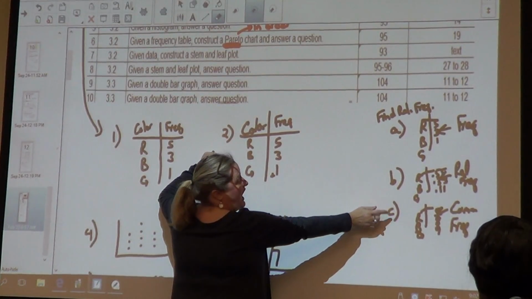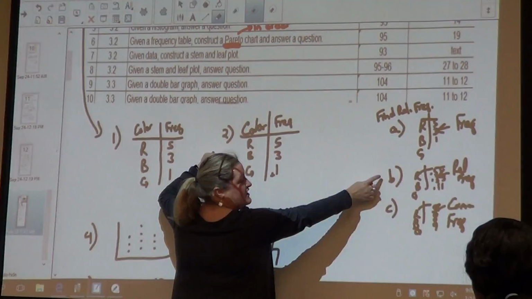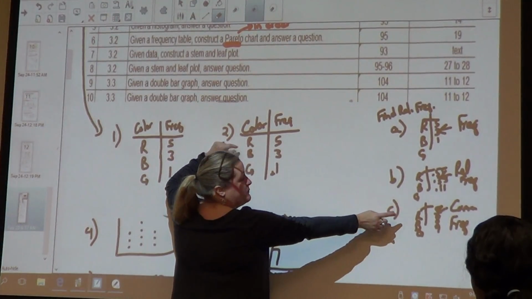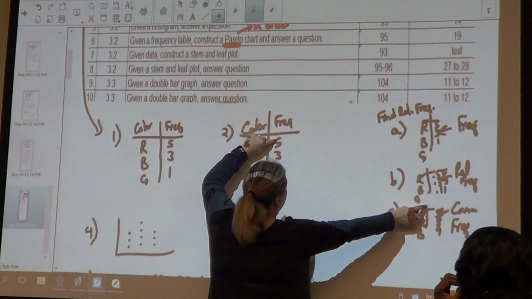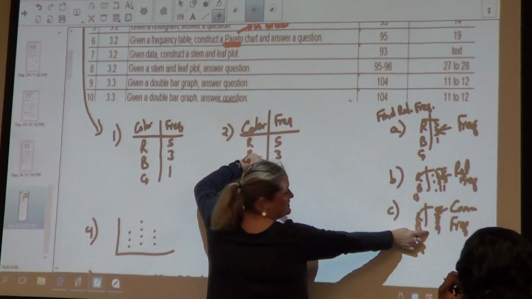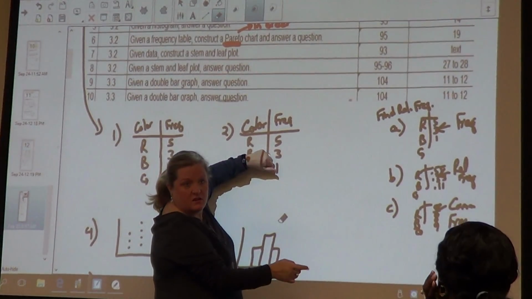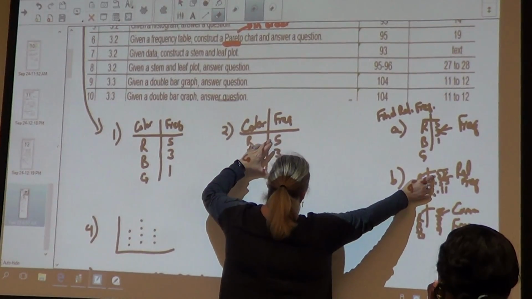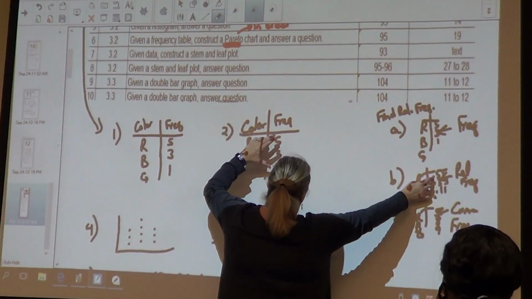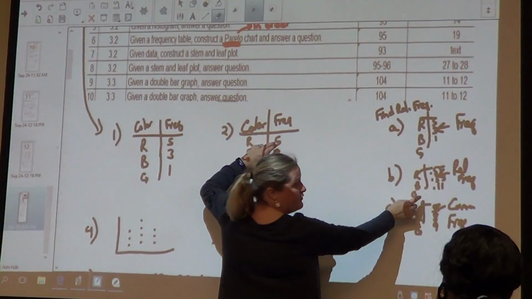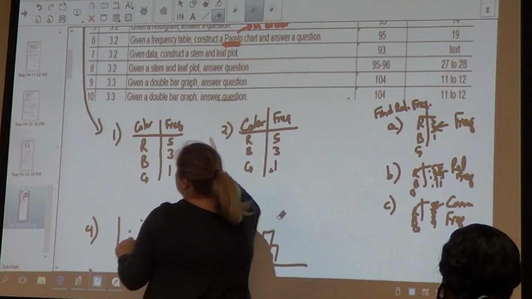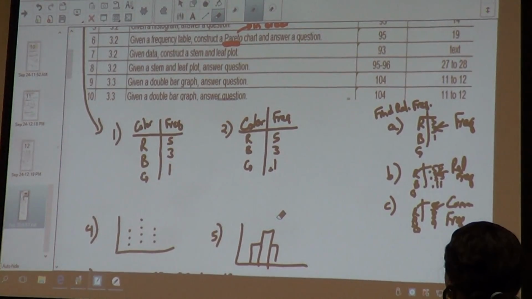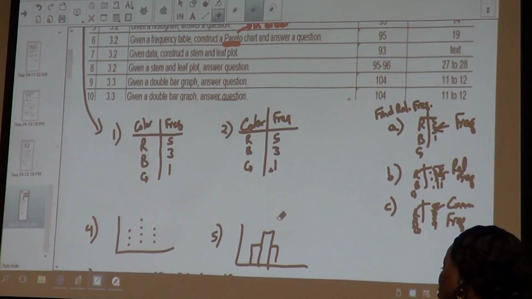I'm going to give you a relative and a cumulative. Remember, cumulative is when you do 5, and then you do 5 plus 3, and then you do 5 plus 3 plus 1. That's cumulative. Relative is when you say 5 over 9, 3 over 9, 1 over 9.